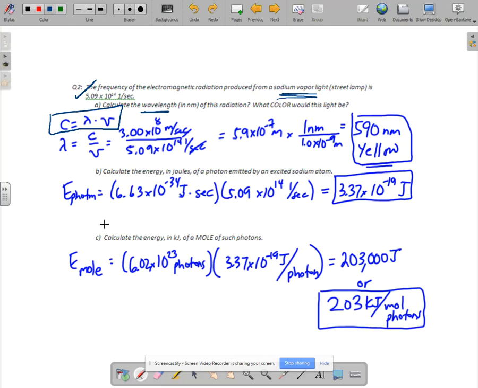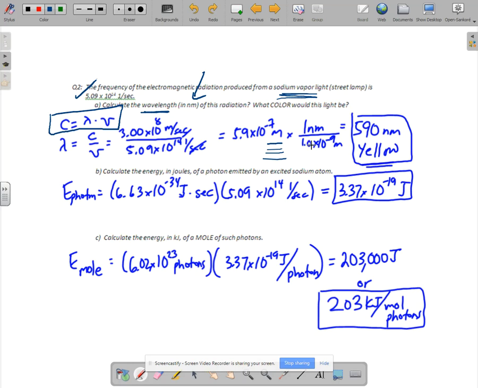My only reminder here is that you have to pay attention to the units. It's the speed of light over that frequency. The seconds cross out, and your units will be in meters, the standard unit for a wavelength. But this particular question said to express that in nanometers. You could do it this way: 1.0 times 10 to the negative ninth of a meter equals 1 nanometer.